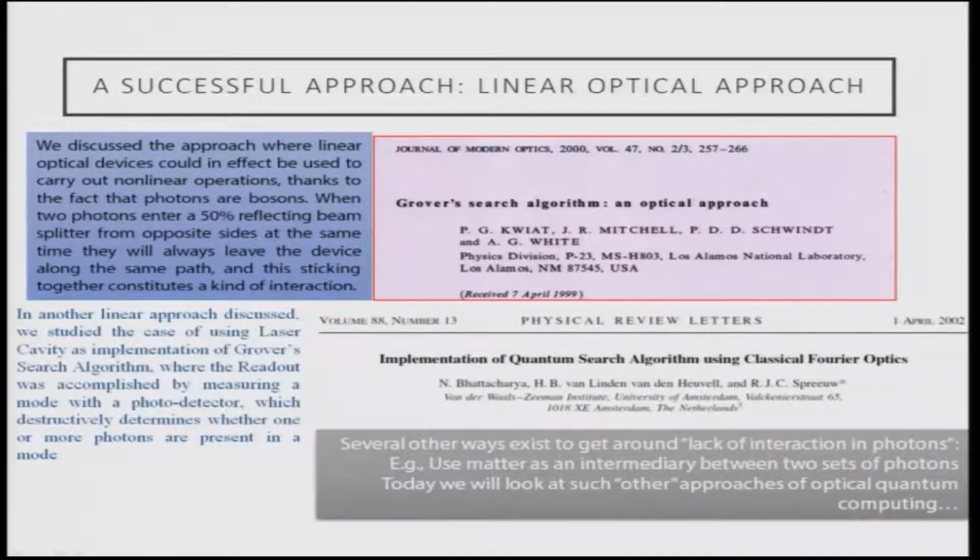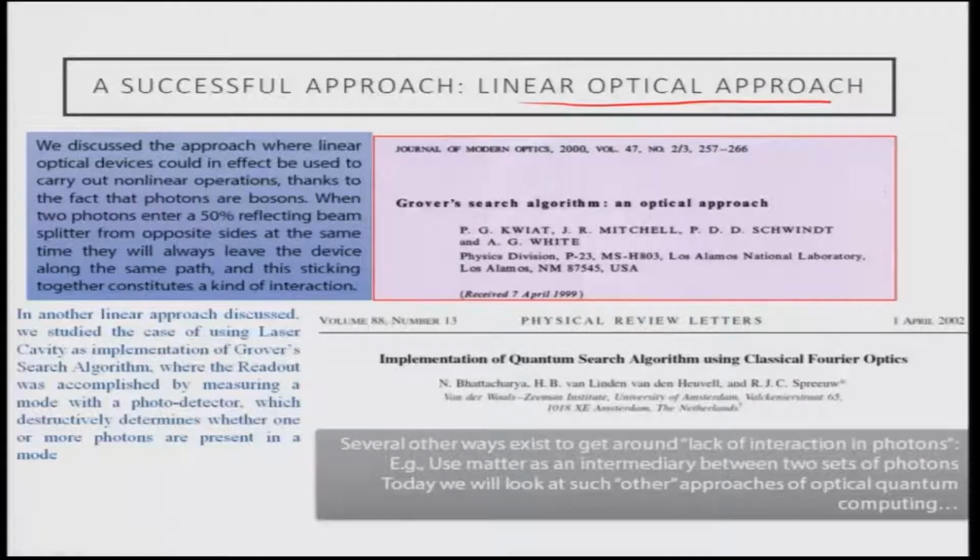There have been successful approaches, and here is one we discussed in the class, the linear optical approach, wherein linear devices in an optical framework can be used in effect to carry out nonlinear operations. This is possible because photons are bosons.